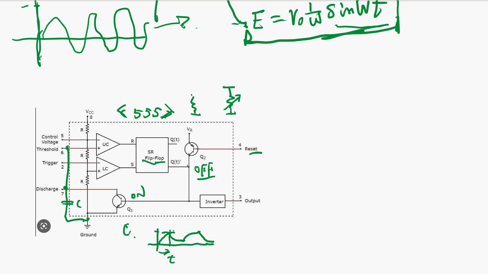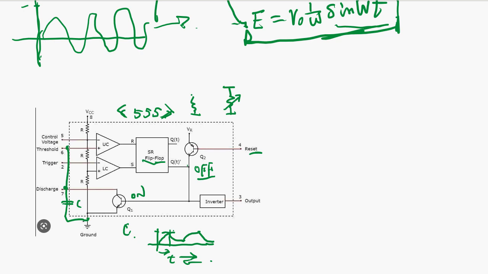Just turn the knob and make this time larger or smaller. So this is a simple IC chip, very cheap. It's a couple of dollars, you can get it, and you can make your own timer. Okay, let's get back to hands-on electronics.